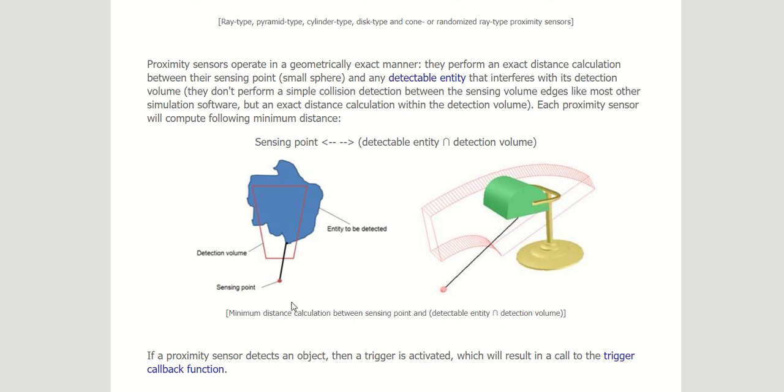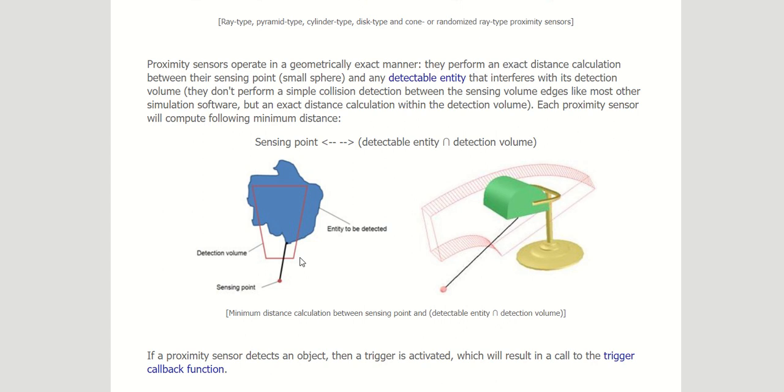If this is my sensing point and this is my whole object which is required to be detected, then it will not only detect the distance of an object from the sensing point, but it will also detect what volume it holds.